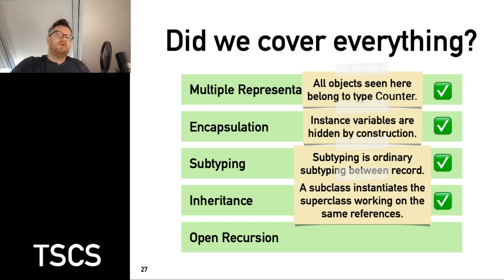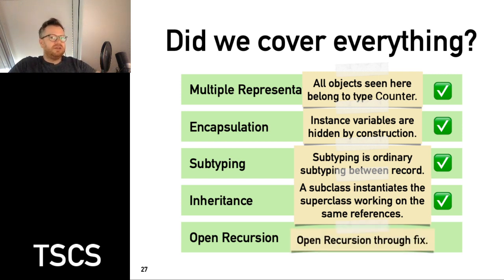And then the part where I spent the most time now is open recursion. And we do open recursion through fix, but not at the class level, but at the object generator level to be able to have actual open recursion. So we're good. So now in roughly 50 minutes, we constructed object orientation in the lambda calculus with just the things that we know.